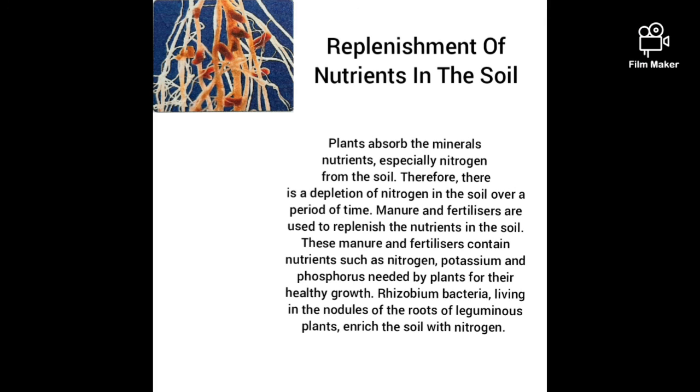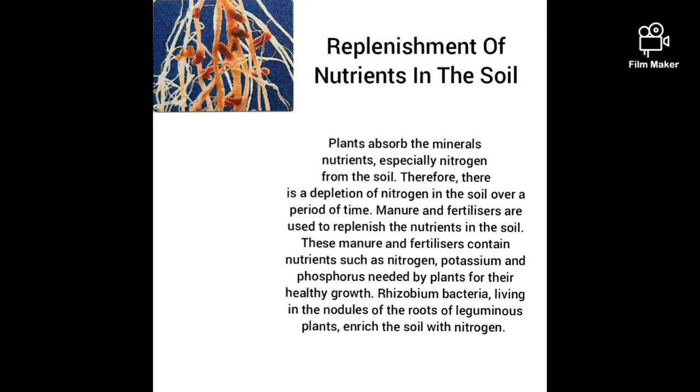Replenishment of nutrients in the soil. Plants absorb the minerals, nutrients, especially the nitrogen from the soil. Therefore, there is a depletion of nitrogen in the soil over a period of time. Manure and fertilizers are used to replenish the nutrients in the soil.